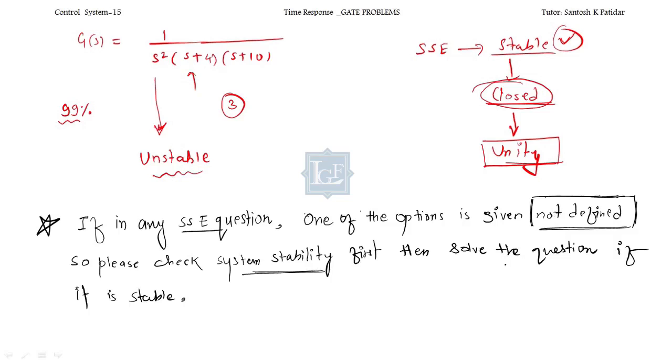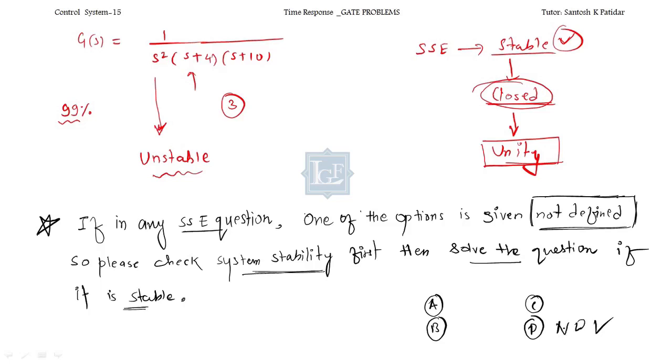If the system is stable, then only find the steady state error. If your system is unstable, you have to answer not defined. If D is given as not defined, your answer will be not defined if the system is unstable.